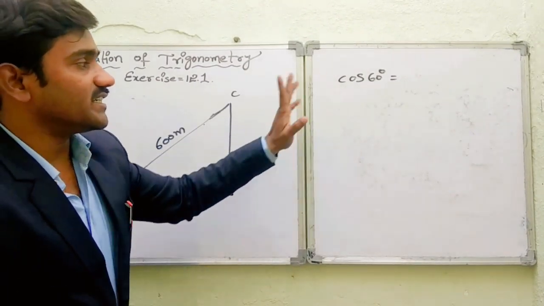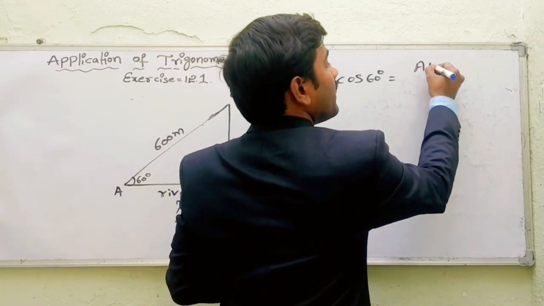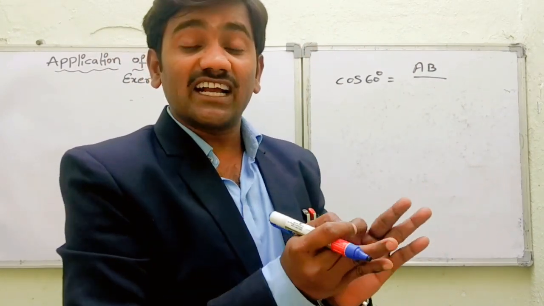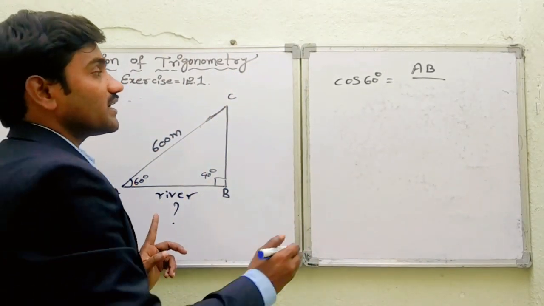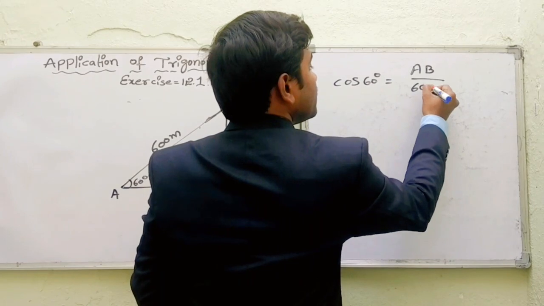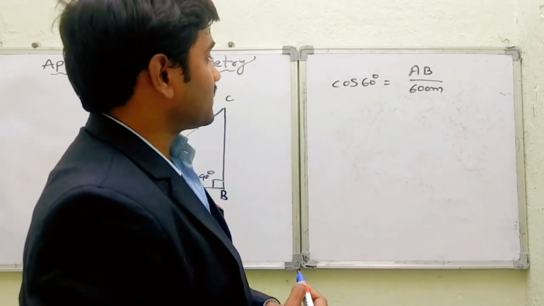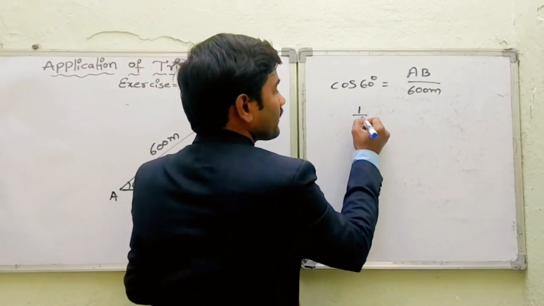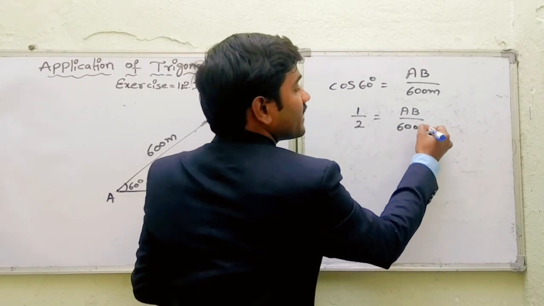Cos of this angle 60 degrees equals adjacent AB by hypotenuse. Here AB is nothing but the actual width of the river. Here AC is the travelled distance, 600 meters. So cos 60 degrees, that is 1 by 2, equals AB by 600 meters.